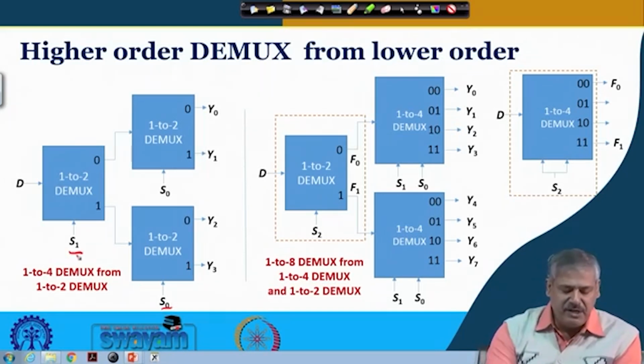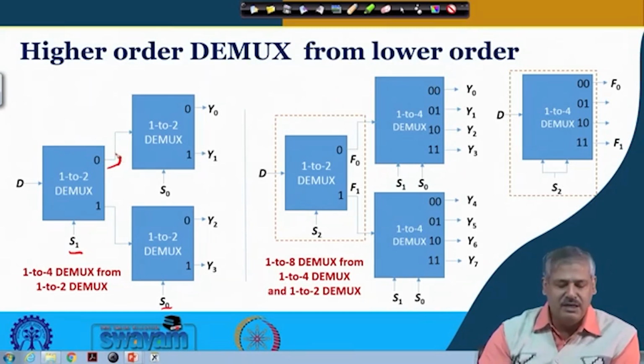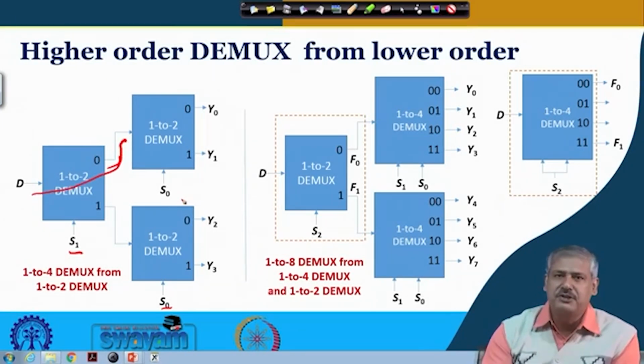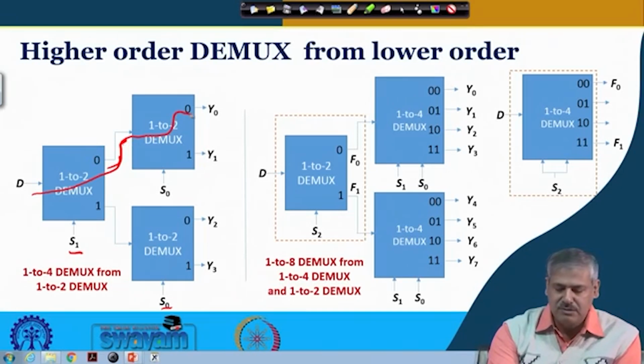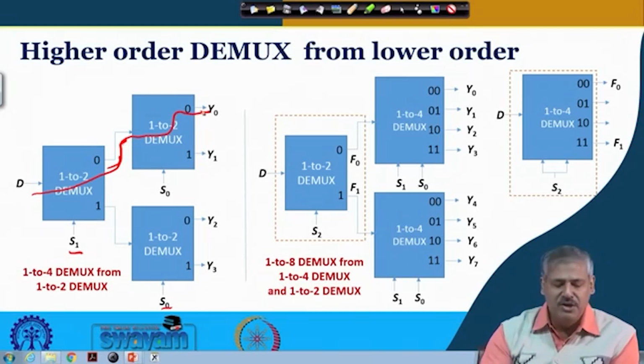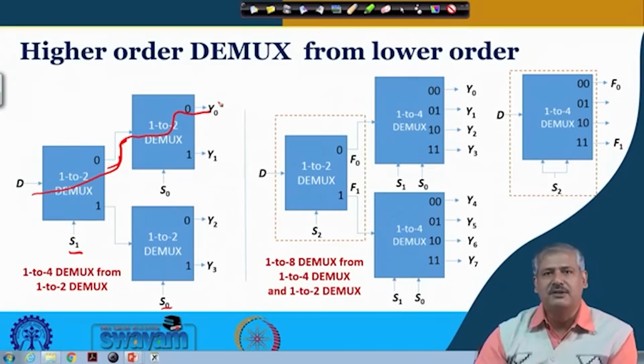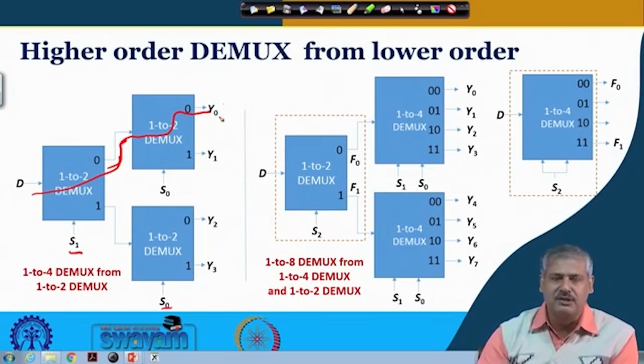Depending on S1, if it is 0, D will be steered in this direction, and if S0 is also 0, data will go in this direction. So when S1 and S0 are 0 0, D is steered towards Y0.